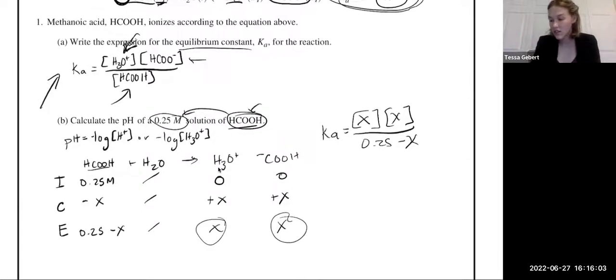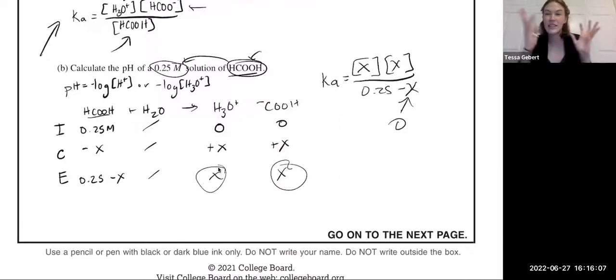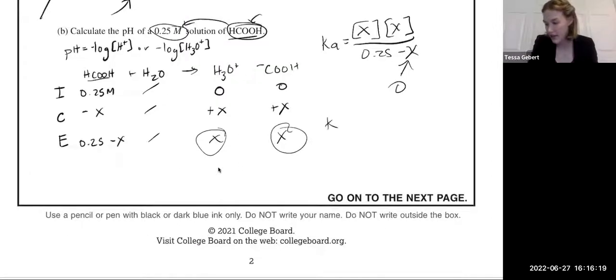So you can consider this X to be 0, that it's significantly less than 0.25, that the change to that denominator would be so negligible. So let's do that. So Ka equals X squared, I'm combining those terms on top, over 0.25.